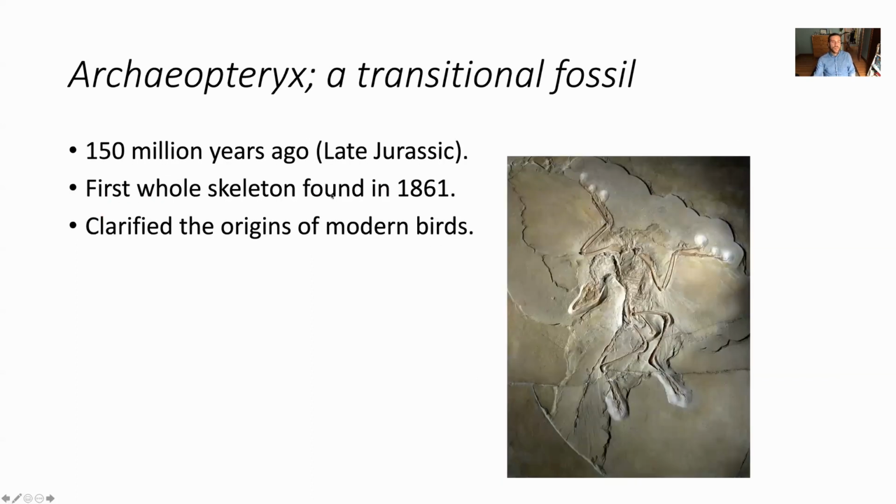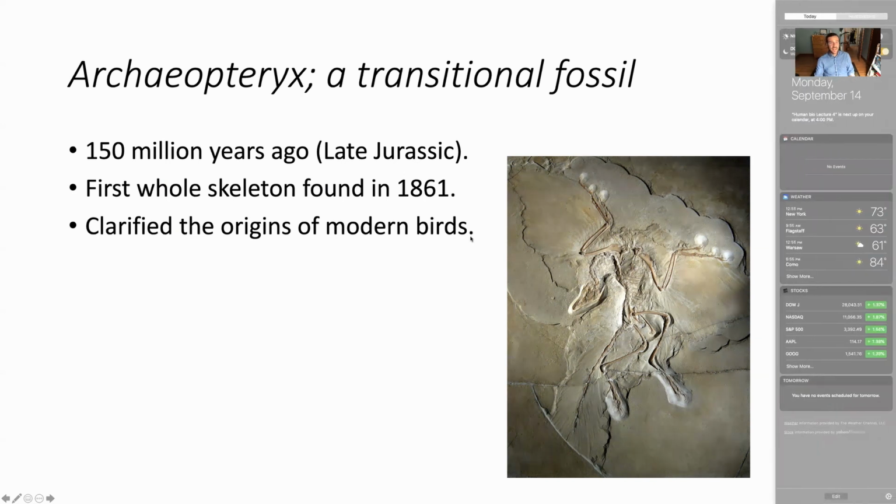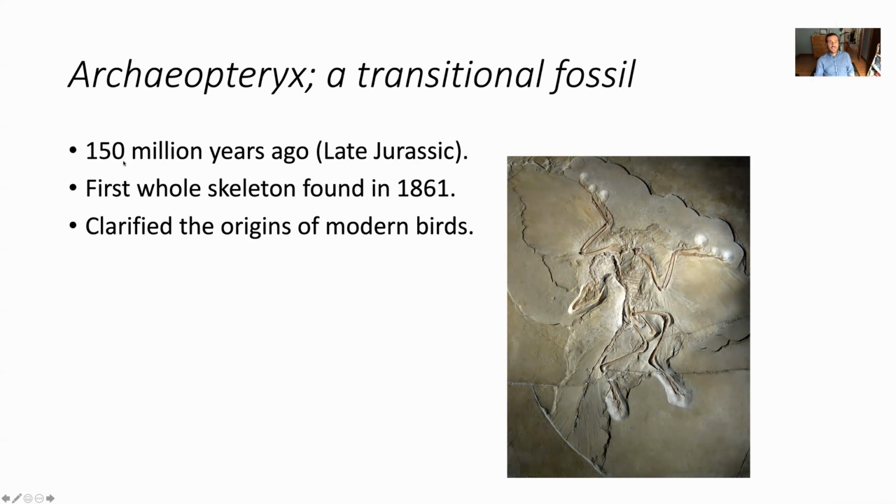Now, in 1861, this amazing fossil showed up in the Burgess Shale, and this layer of rock has been dated to 150 million years ago, which is the late Jurassic. So you're looking at nearly 80 million years before the KT extinction.